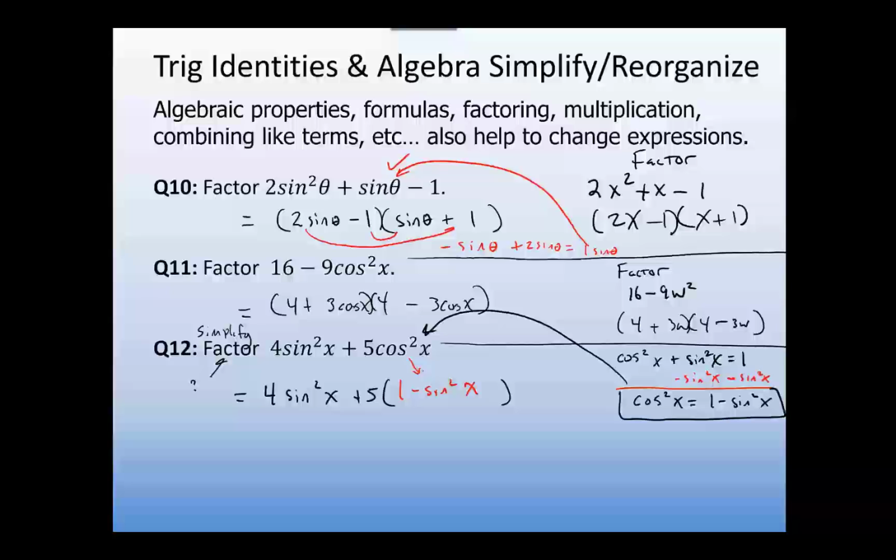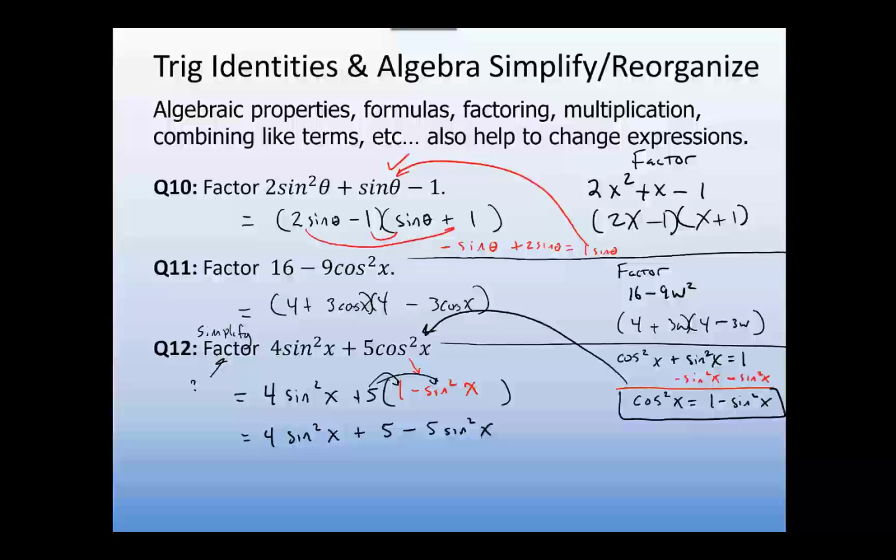So now I have like terms, I have things I can simplify, and when I simplify, I'm going to have 4 sine squared x plus 5 times 1 minus 5 times sine squared x. So by doing the substitution of the Pythagorean identity, this whole statement is only about sine.